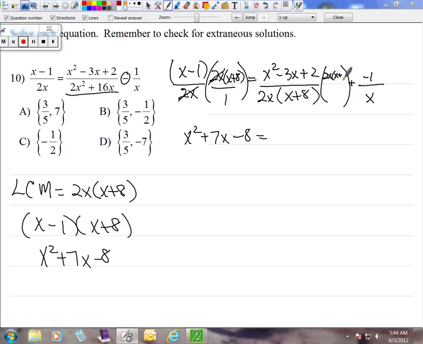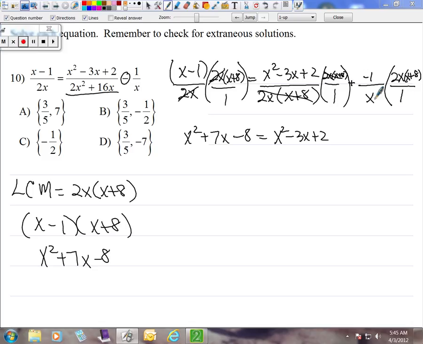But we have a 2x, x plus 8 over 1. And the nice thing about this one is it cancels completely. So now we have x squared minus 3x plus 2 for that one. Now over here, when we do this one, you're going to see that the x is the only thing that cancels.